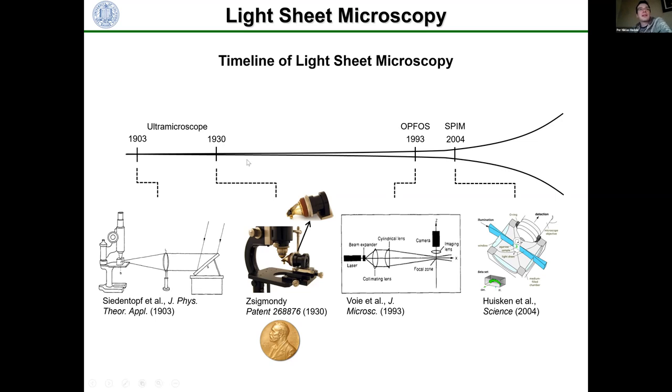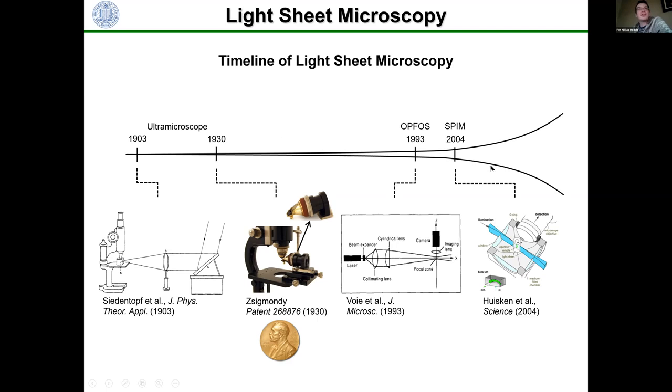But then somehow it was not used that much anymore, this kind of system, until 1993, where it came back with the acronym OPFOS, and then in 2004 under the acronym of SPIM, before they called it the ultra microscope.